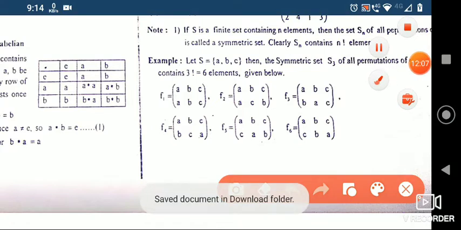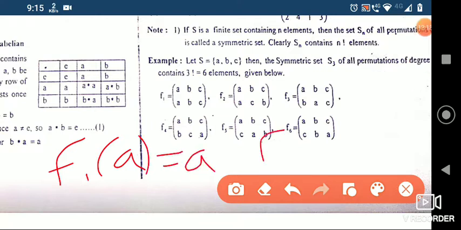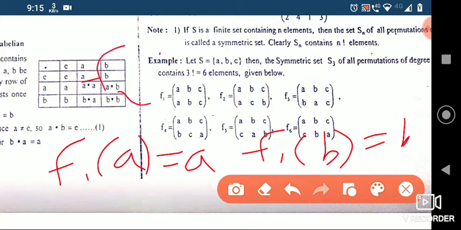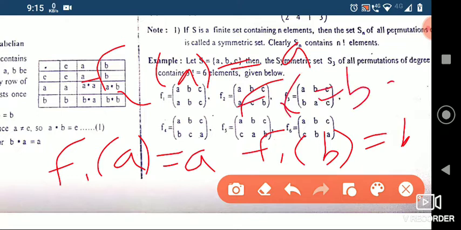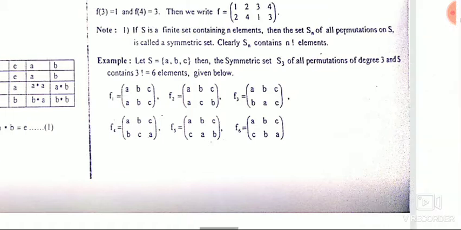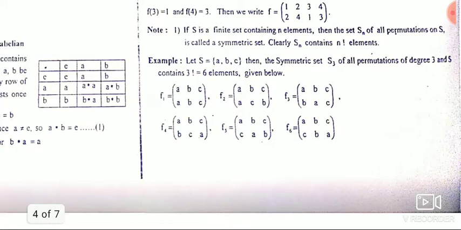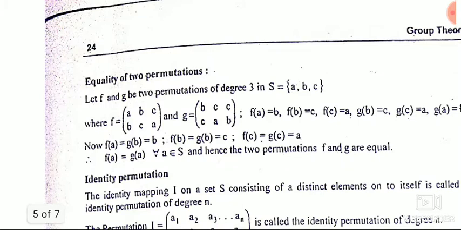Or you can say f1 of a is equal to a, f1 of b is equal to b, f2 of a is equal to a, f2 of b is equal to c, f2 of c is equal to b, f3 of a is equal to b, and it goes on. So you have a function there. So when do we call two functions, let's say f1 equal to f2, or in general f equal to g.